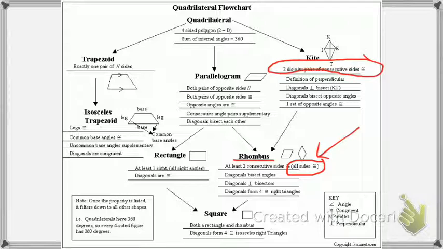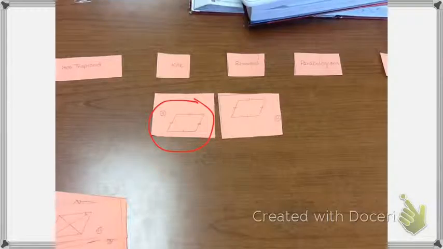When it falls in one of these lists underneath the shape, these are specific characteristics that point determinately to this shape. That means you're absolutely talking about a kite. Opposite angles are congruent. Yep, talking about a parallelogram specifically. So those are things that in that list underneath, you're definitely going to get that shape if you see that thing listed. So you guys play on.